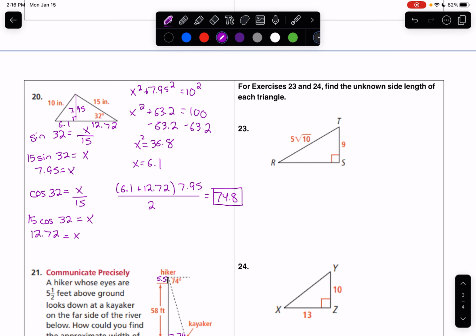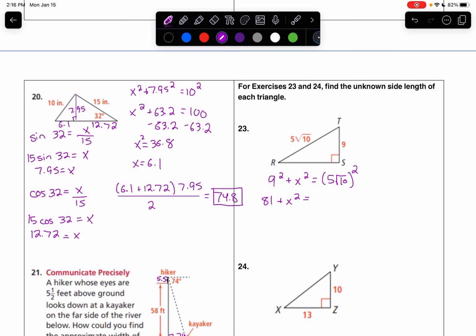Number 23, 24, and 25, find the unknown sides for each of these. I have two sides, which means I'm just going to go ahead and use the Pythagorean theorem. Say 9 squared plus the other leg squared is equal to 5 root 10 squared. I need to remind myself what 5 root 10 squared does. So I've got 81 plus x squared.